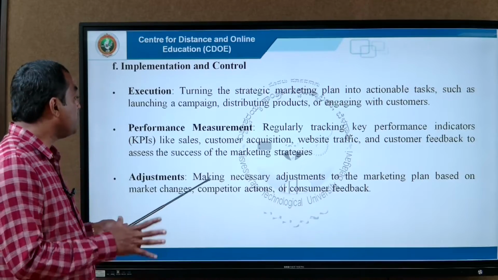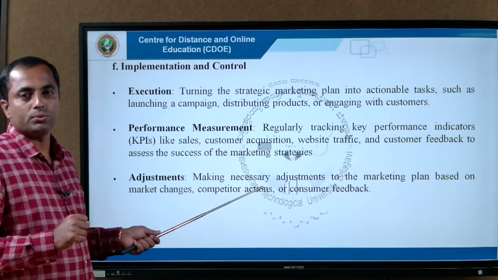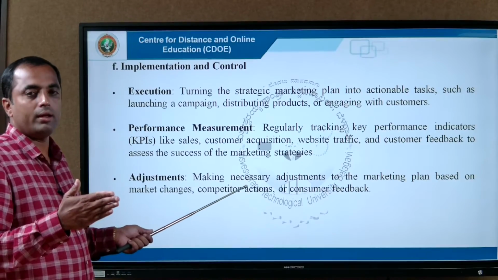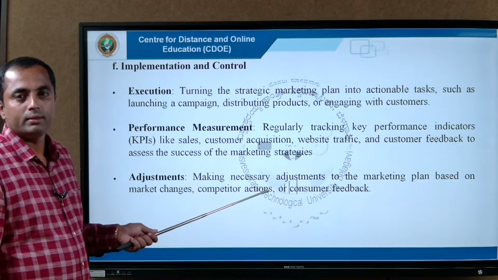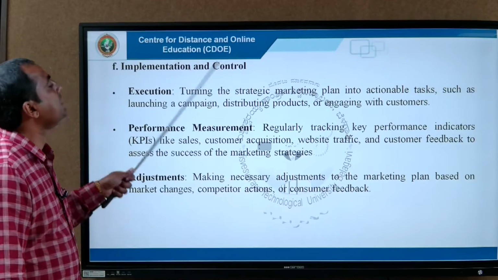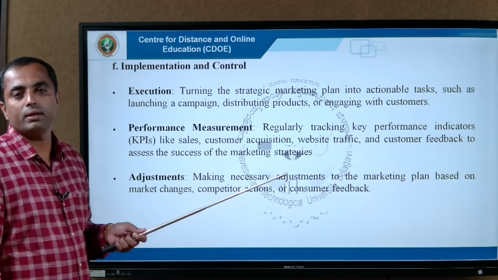You need to be in a position to make that adjustment. So if plan A is not working, you should have an alternative plan B. All those need to be considered and you need to be very successful in your marketing plan.